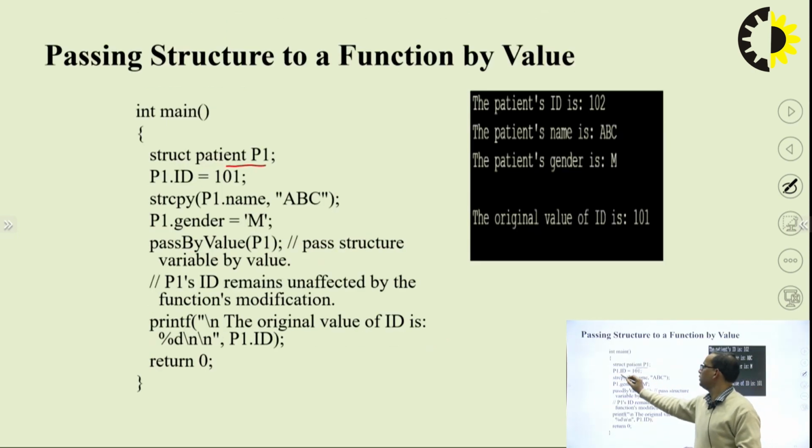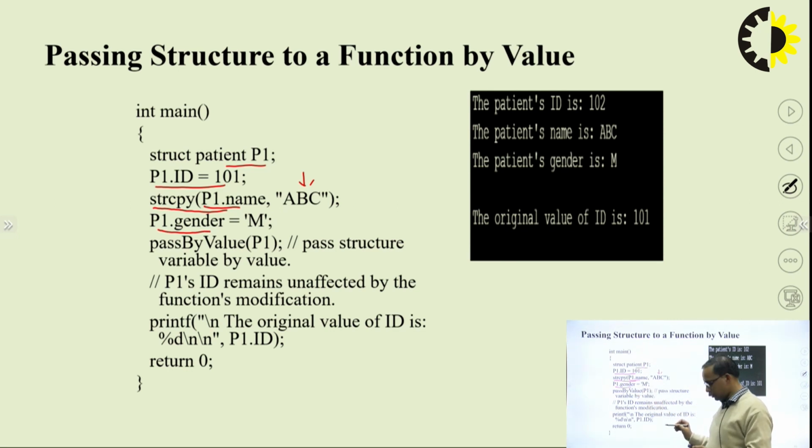Okay, so the value of p dot id is 101. It means the value of the id structure member of the patient is 101, and this strcpy function is basically used to assign the value of the name of the patient. So the first parameter is p1 dot name, and the second parameter is the value of the name. Suppose the value of name is abc, and this is the value of the third structure member, gender.